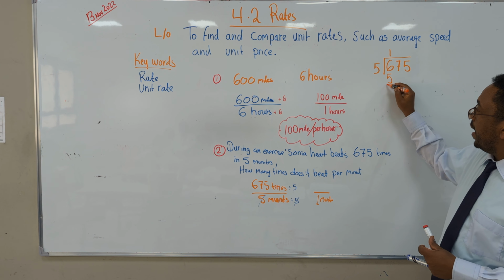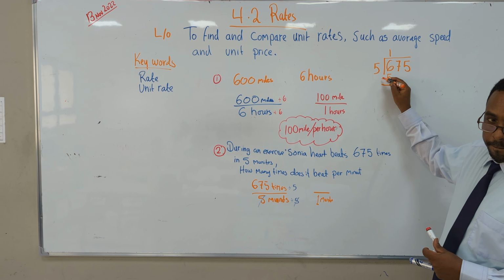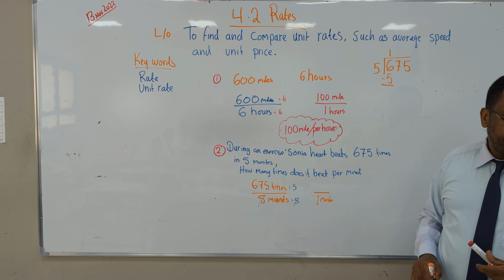We put the 5 here. And then what do I do now? Minus. Take away. So what is 6 take away 5? 1. So I'll put 1 here. Now what do I do? Bring down the 7. So if I bring down the 7, I will now get 17.